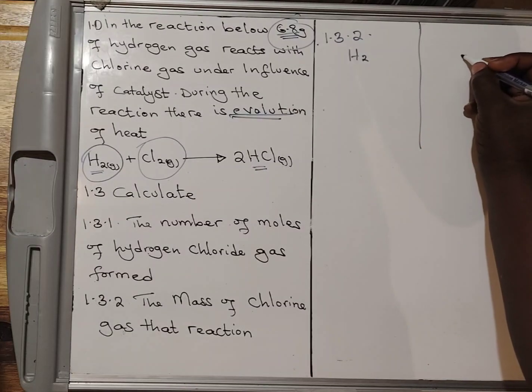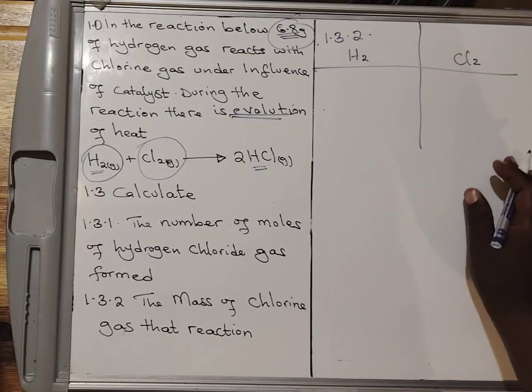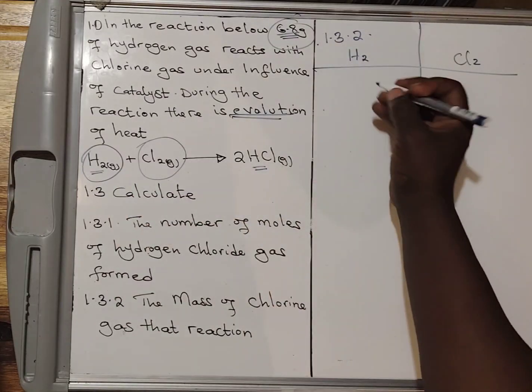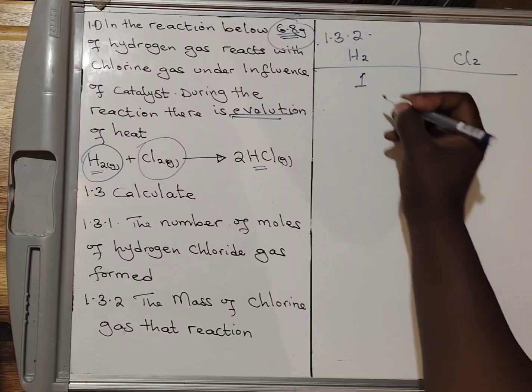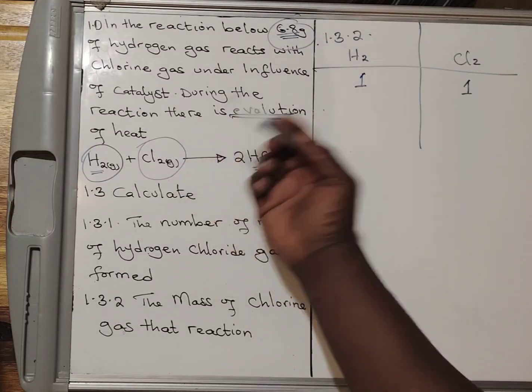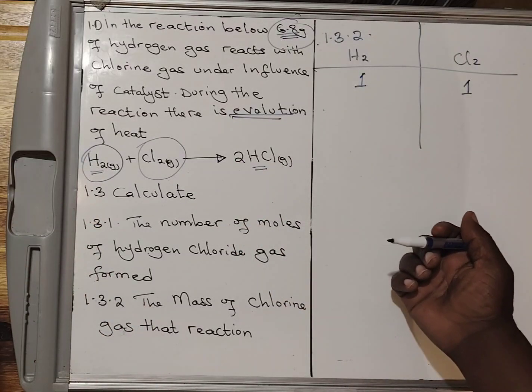And this side is going to be chlorine. Then from there, you pick up the ratios. For the hydrogen, the number is 1, so the ratio is 1. For chlorine, the ratio is also 1, because when you don't see the number there, then the number is 1.